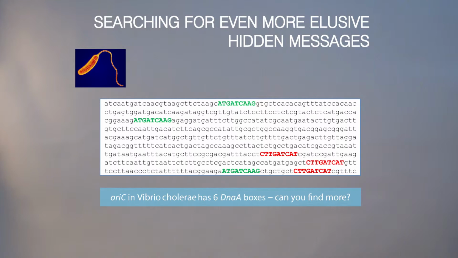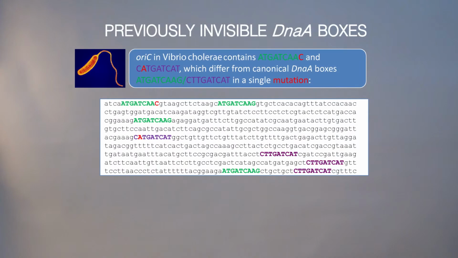Maybe there is something else. We already found 6 9-mers in this region, but maybe, just maybe, there is something else that deserves our attention. And if you look carefully there, then you will see that in addition to these 6 hidden messages, there are 2 more. There are actually 2 9-mers that look almost like canonical 9-mers. They differ in just a single mutation.